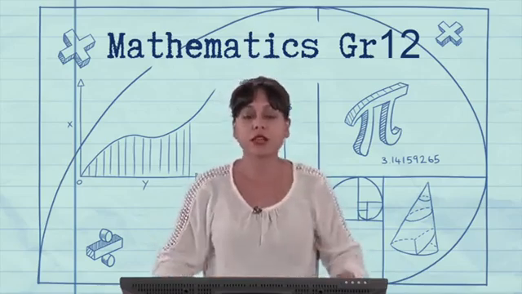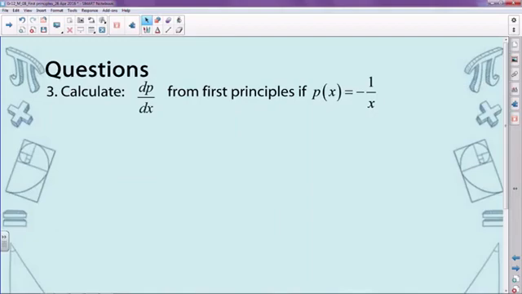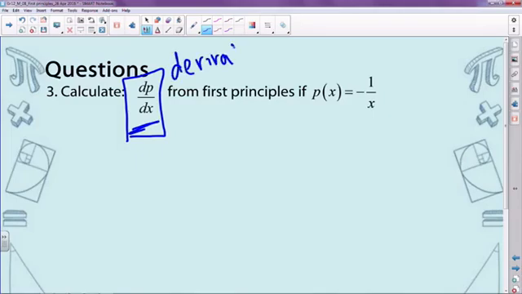Now this question here, calculate the derivative from first principles, where you're given a function p of x, is one that often gets learners tricked up, and I think it's because of the fraction. In fact, I know it's because of the fraction. So let's first analyze what this question is saying. It says calculate dp dx. What does this mean? It means we're finding the derivative of p with respect to x.